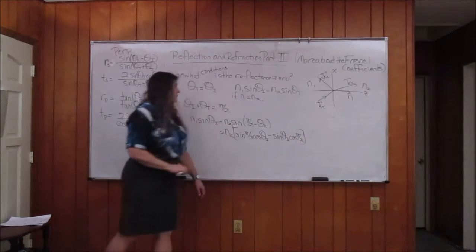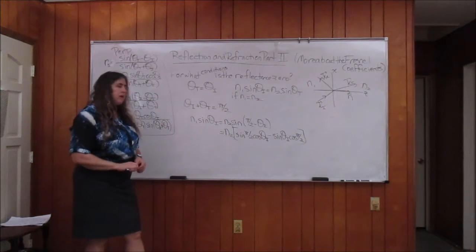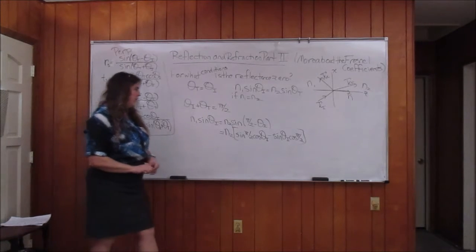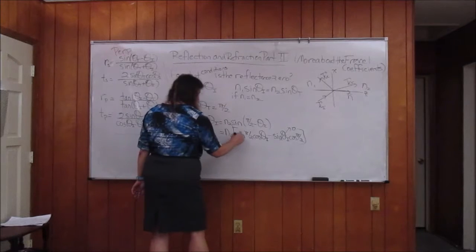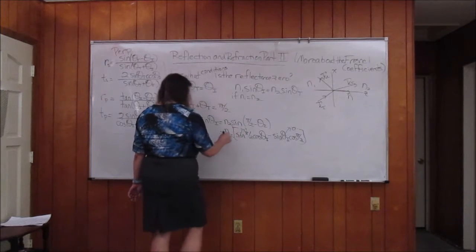That's equal to sine pi over 2 cosine theta I minus sine theta I cosine pi over 2. Well, cosine pi over 2 is just 0. Sine pi over 2 is just equal to 1.